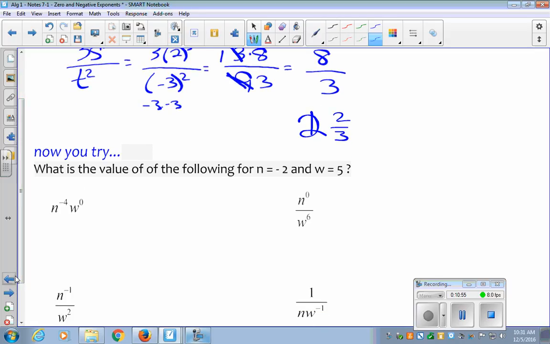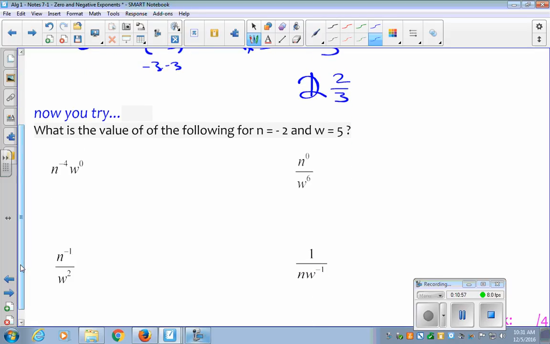Okay, so you're going to do the same thing for these 4 problems. Make sure you move the exponents first and then plug in the numbers. Okay. We're going to simplify it first. W to the 0 is 1.